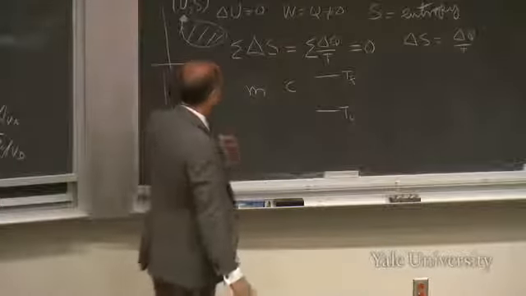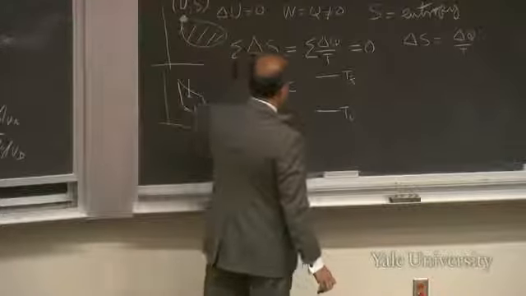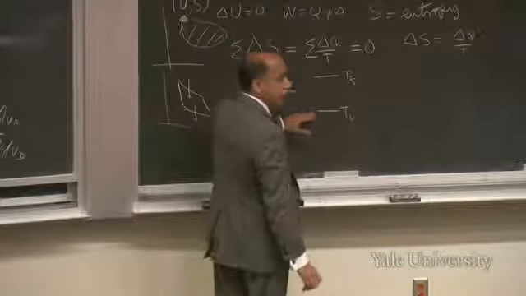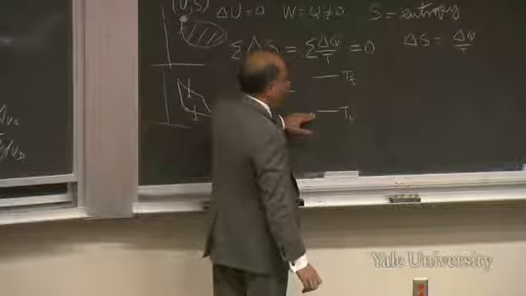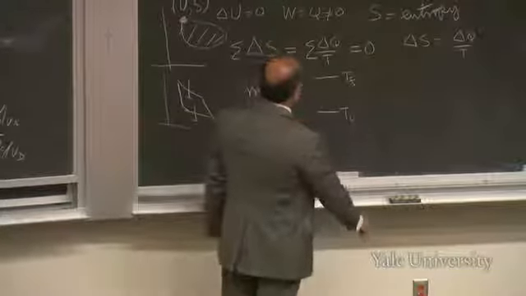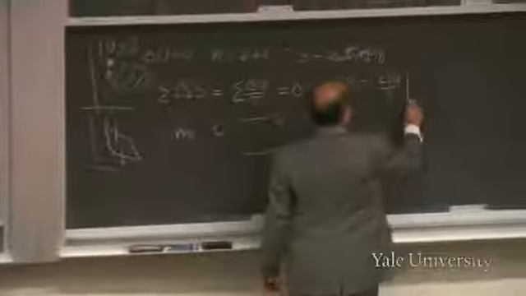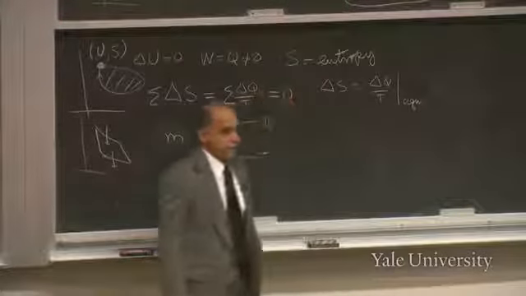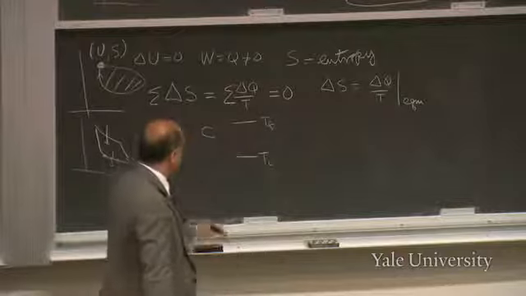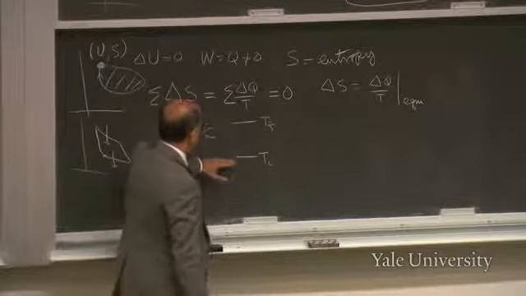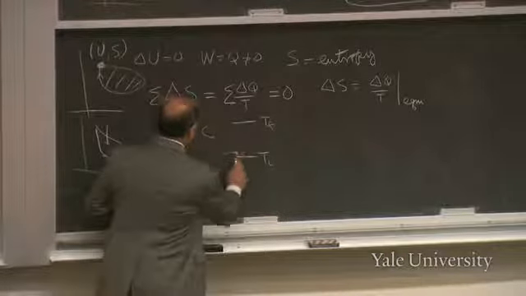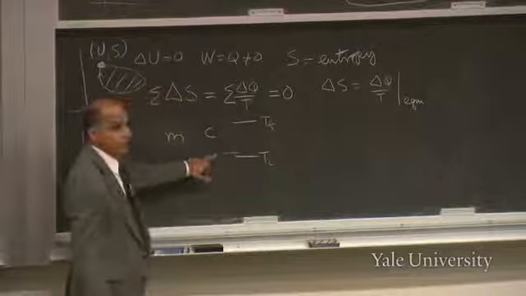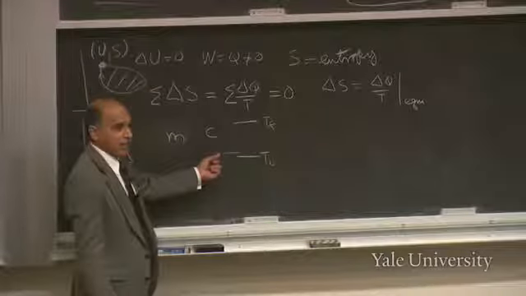I do that by starting the system at Ti, and I should never be far from equilibrium. That's one of the conditions on this. In fact, you can say it should be always near equilibrium. So the system starts at temperature T initial. I put it on a heat bath, which is infinitesimally warmer than this. Then I let it heat up to that point.